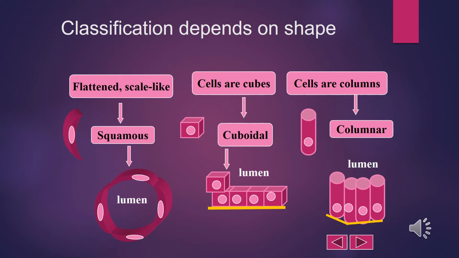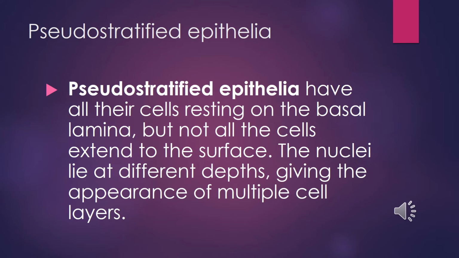It's a very good scheme showing classification depending on the shape of cells in epithelium. Pseudostratified epithelium is very interesting because it is a single layer of cells. All cells rest on the basal membrane, but the shape of cells differs, maybe cuboidal, maybe taller cells with cilia, and unicellular glands, goblet cells, are included too.